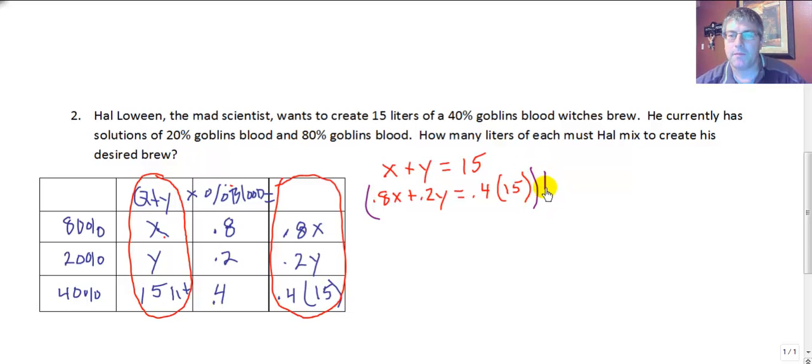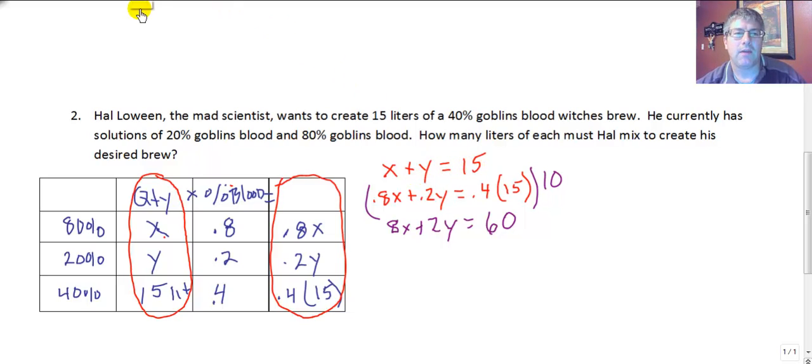So I am going to multiply the entire second equation by 10. Some of you may have already done that right in the table automatically. But we'll go ahead and make that 8x plus 2y equals, well, 4 times 15. Hopefully you'll see that's 60 right away. And again, you can do the substitution method. I would solve the top equation for x or y.